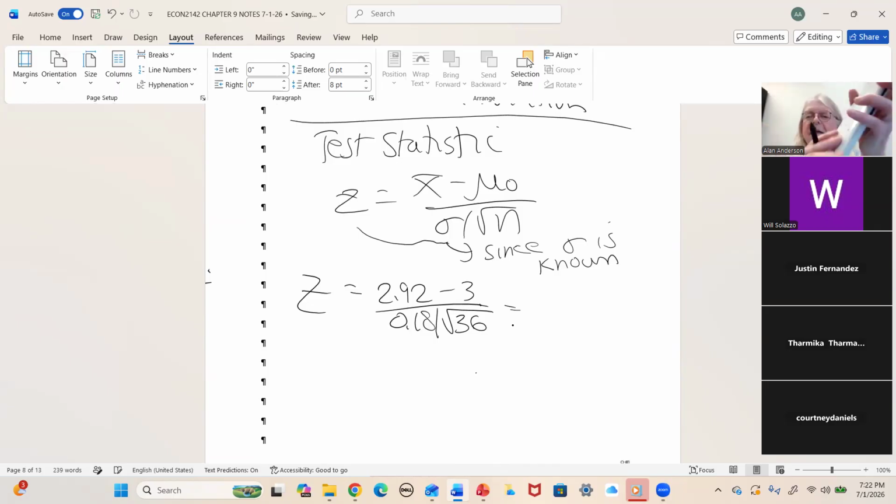And you can pop that into the calculator. It's approximately negative 2.67.